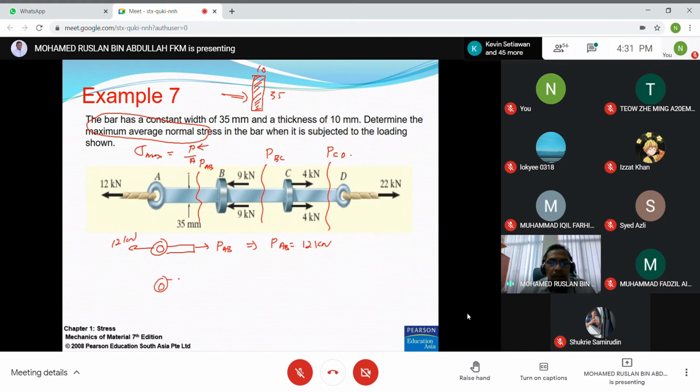We have this one, 12, and then we have 9. This is 9, and let's say this is PBC. Again, total Fx equal to 0.